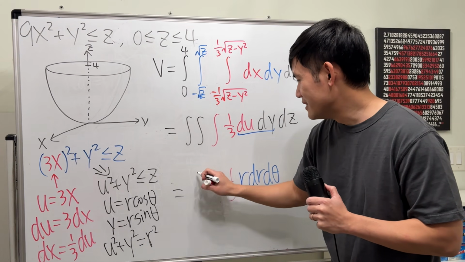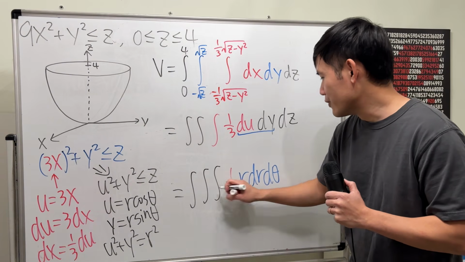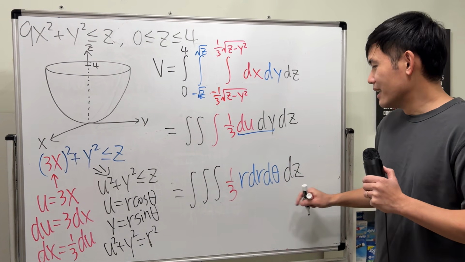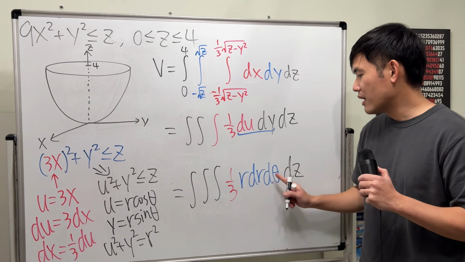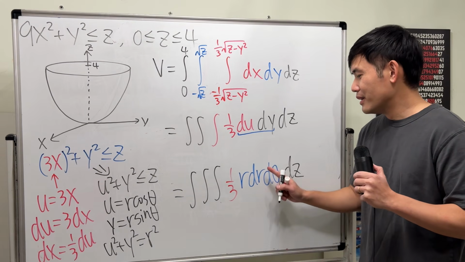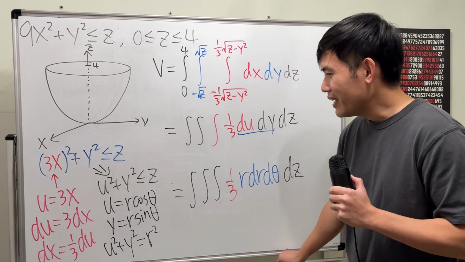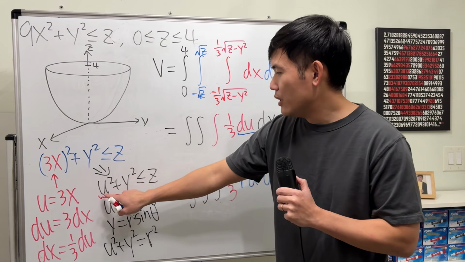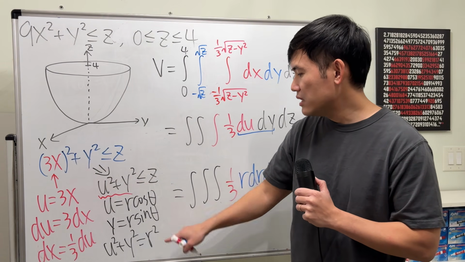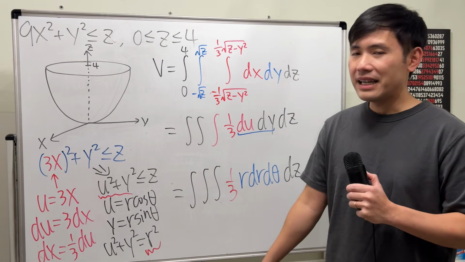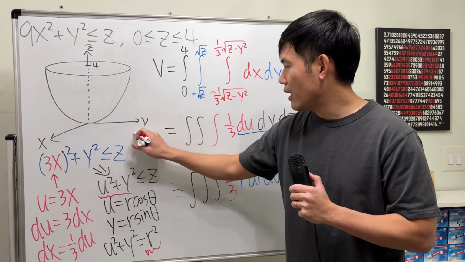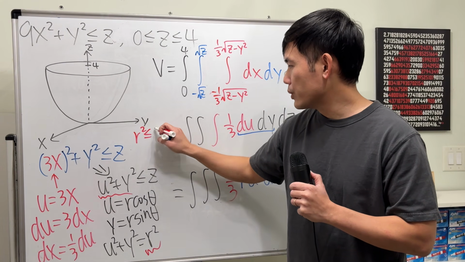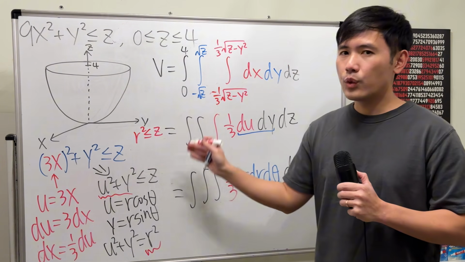And, ladies and gentlemen, we are going to figure out the limits of integration for r, theta, and z. Let's do r first. Here, we have u squared plus y squared less than or equal to z, and that's equal to r squared here. So r squared must be less than or equal to z. Take the square roots on both sides.